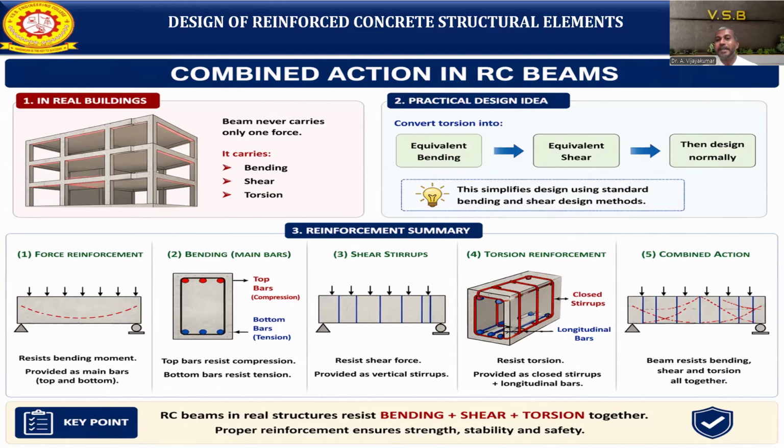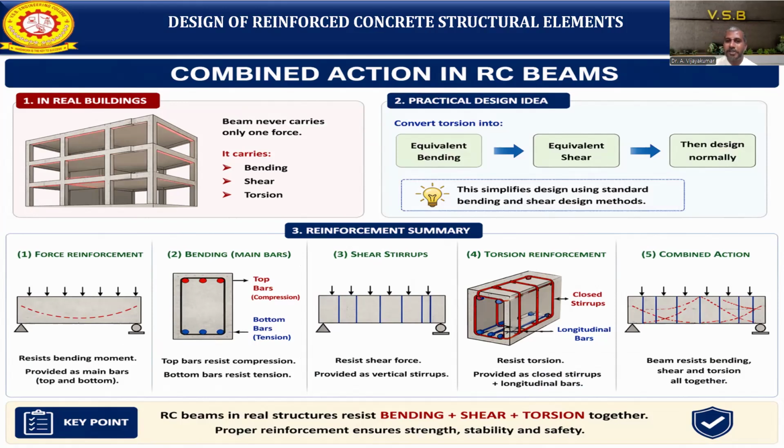What is the practical design idea when designing the torsional reinforcement? The torsion is converted to an equivalent bending moment and an equivalent shear, and then we design normally. So we need to take two types of design into consideration while designing the torsional reinforcement: equivalent bending and equivalent shear. Then we go for the normal design.